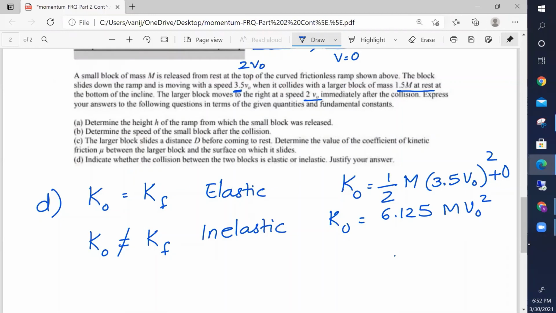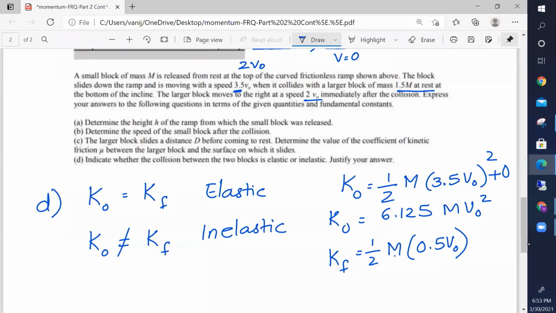Now let's go ahead and find Kf, the final kinetic energy of the two blocks after collision. So it's going to be 1/2 m. What was the final velocity of the block m after collision? It was 0.5 V0.